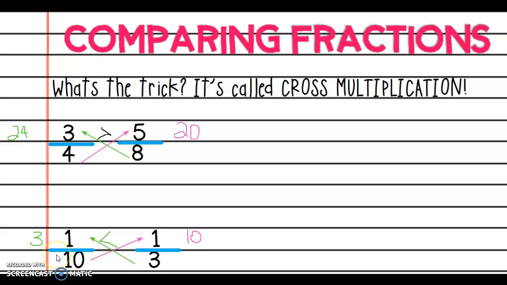So now we read from left to right the fraction statement using either greater than, less than, or equal to. We read from left to right in English. So it would be 1/10 is less than 1/3. Excellent. That's exactly what I wanted to hear. Thank you, Roberto. Good job.